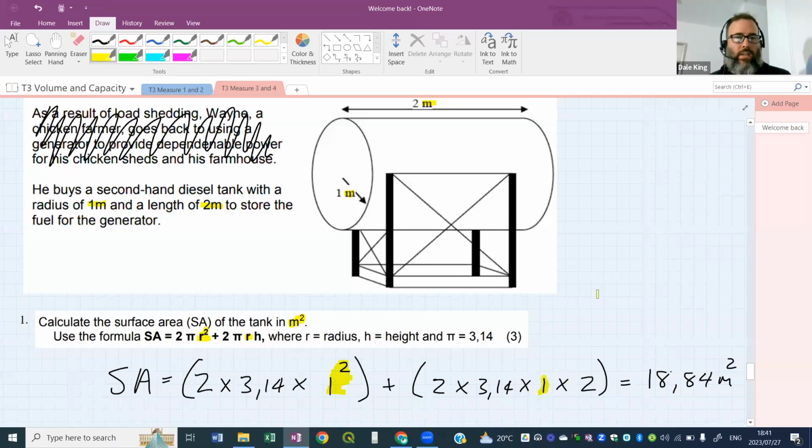All right, so it's not squared or cubed or anything, just r, which is 1. So I just put a 1 in there. That's why I've got 1 squared in the first bracket and just a 1 in the second bracket. The 2 is the height. Okay, so the 2 is the height in the equation there. Does that help you out? Yes, sir. Thank you. All right, pleasure.